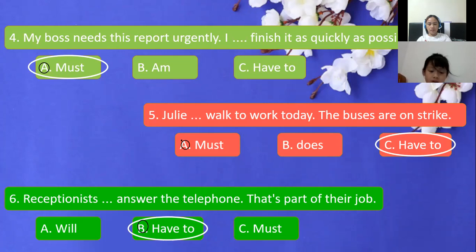Julie has to walk to work today. The buses are on strike. Receptionists have to answer the telephone. That's part of their job. Yes.